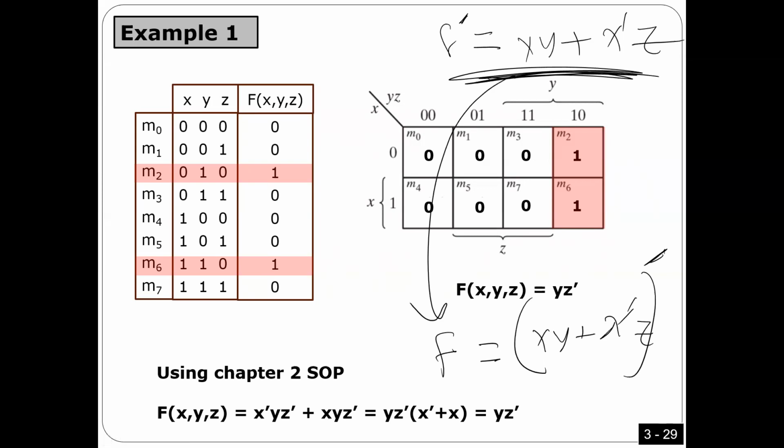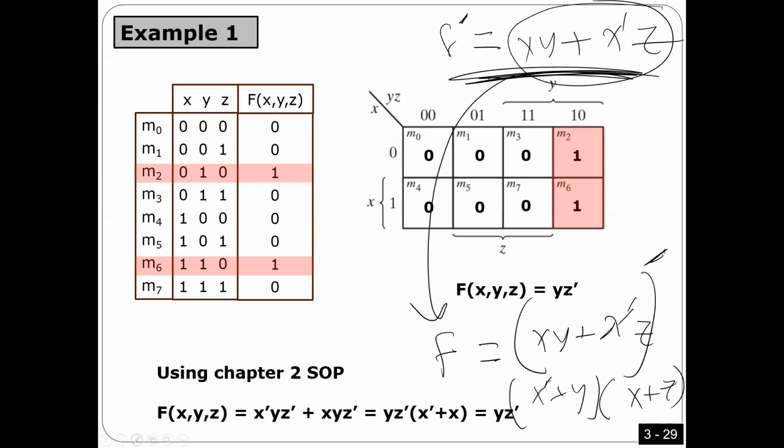And so by this way, you can convert the most simplified sum of product to the most simplified product of sum. You got what I'm saying? So this one will become (x prime or y) and (x or z). Is that okay? This is how it is.